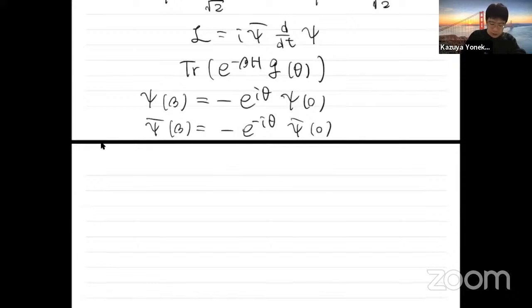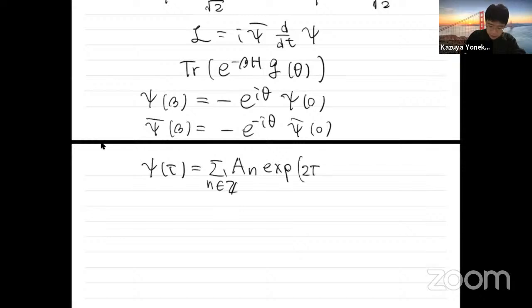And under these boundary conditions, we can expand the field in terms of Fourier modes. So because of the twisted boundary condition, the mode expansion is given like this.